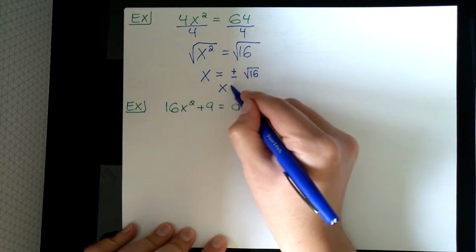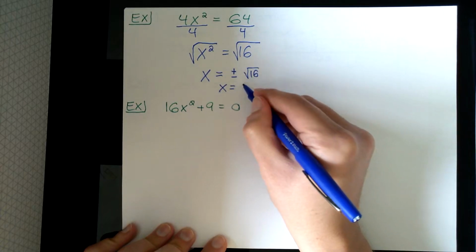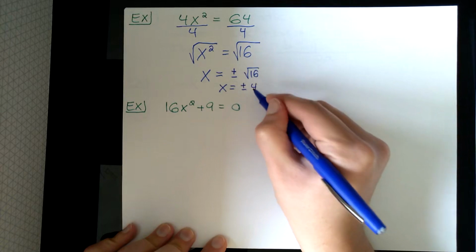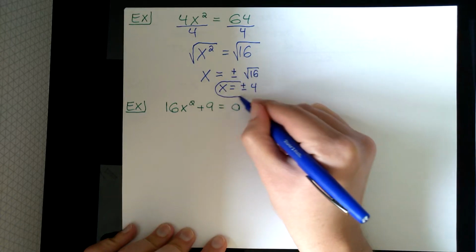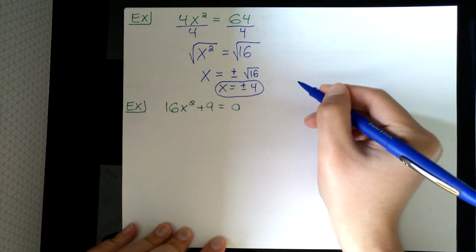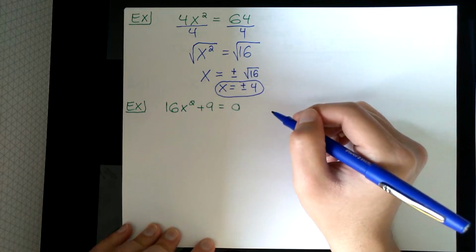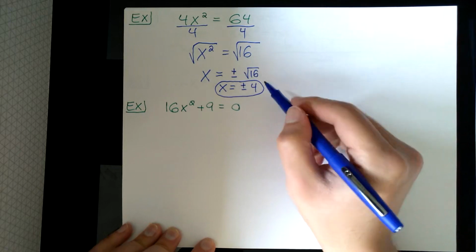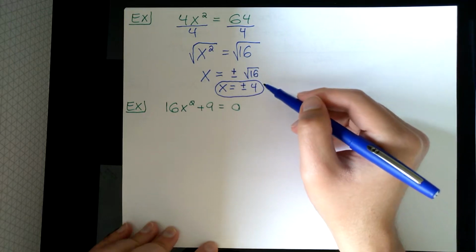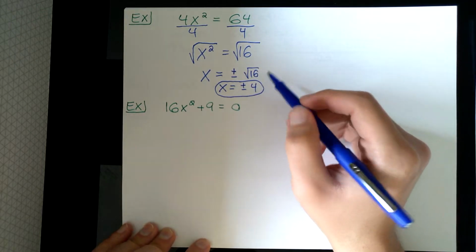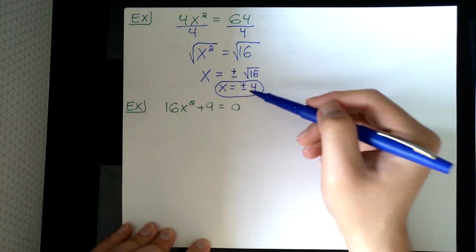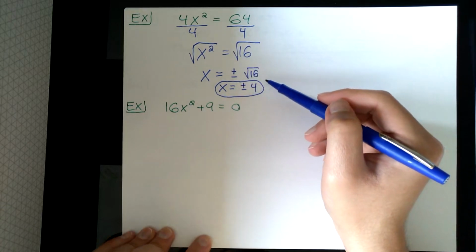So simplifying this, we get x equals plus or minus 4. So x equals 4 and x equals -4 are the two answers for this problem. Again, a check is always a good idea on these problems, and if you were to check this, both of these answers will work out.